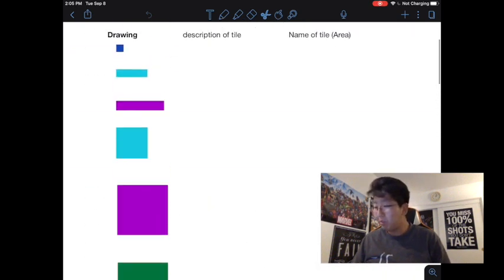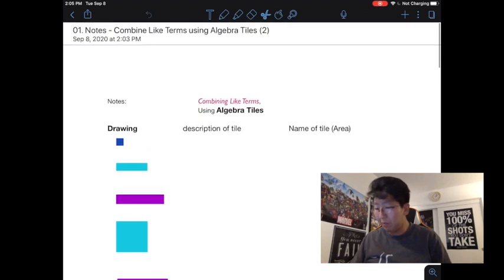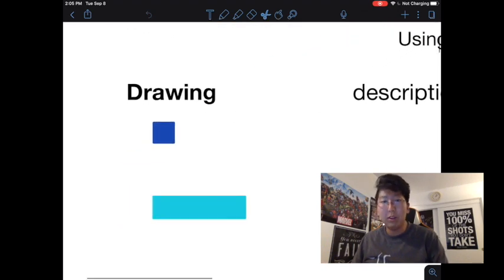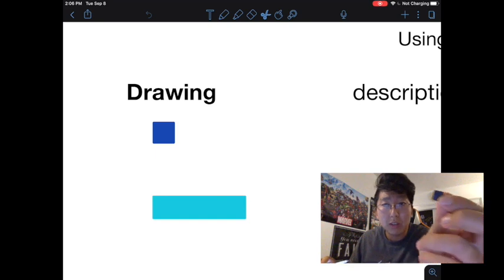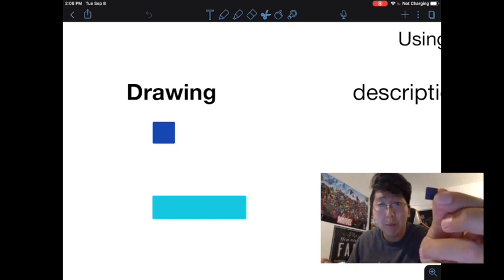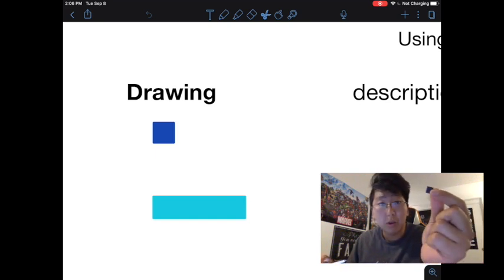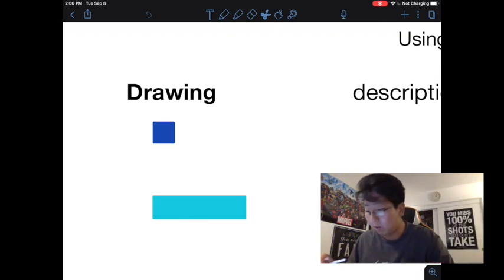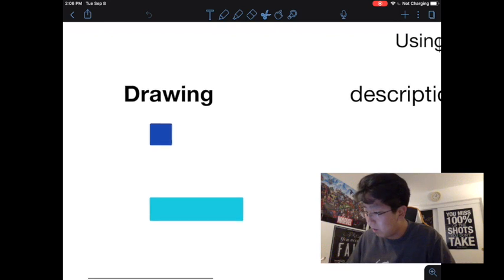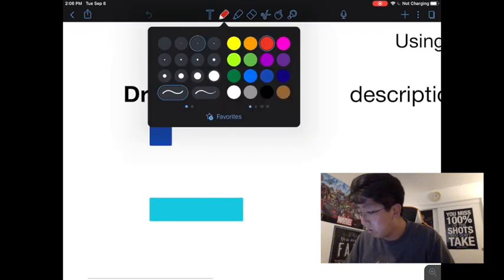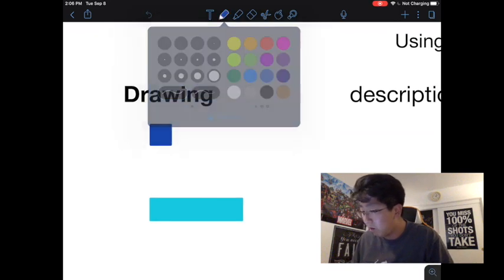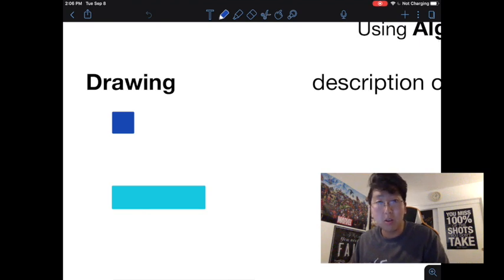So this first one we're going to look at is this navy blue one here. I'm going to pull one up on the screen. You can see it's very small. If we ever use these in class, these are unit tiles. First, let's start with the description. How do we describe this very small unit tile?